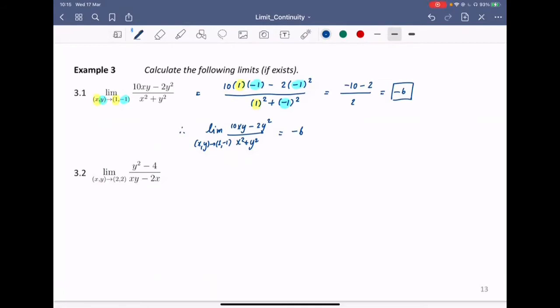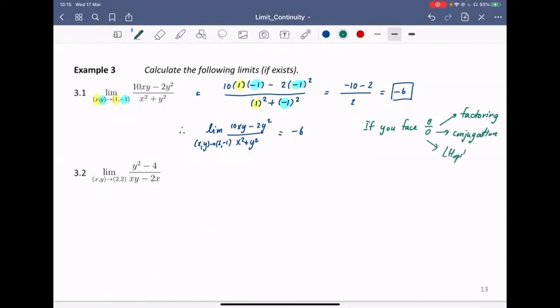Sounds good? This is the easy case, but the case where you're going to have a problem is when you face 0/0, right? This is the case where you need to do something. In Cal 1, when you face 0/0, you could do the factoring, or you could do the conjugation, or even better, you can use L'Hopital's rule.